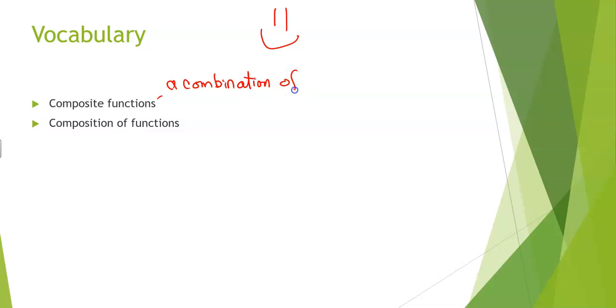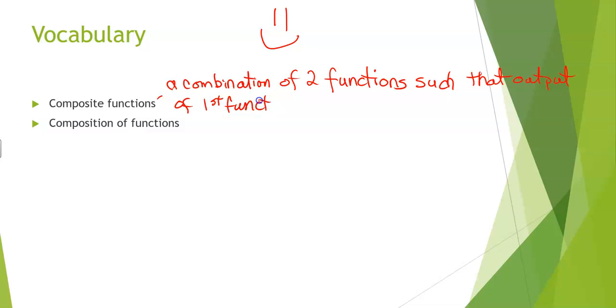of two functions. And a function is just y equals something or the other, right? Or f of x equals something or the other. It could be rational. And then the key here is the output of the first function is the input of the second function.